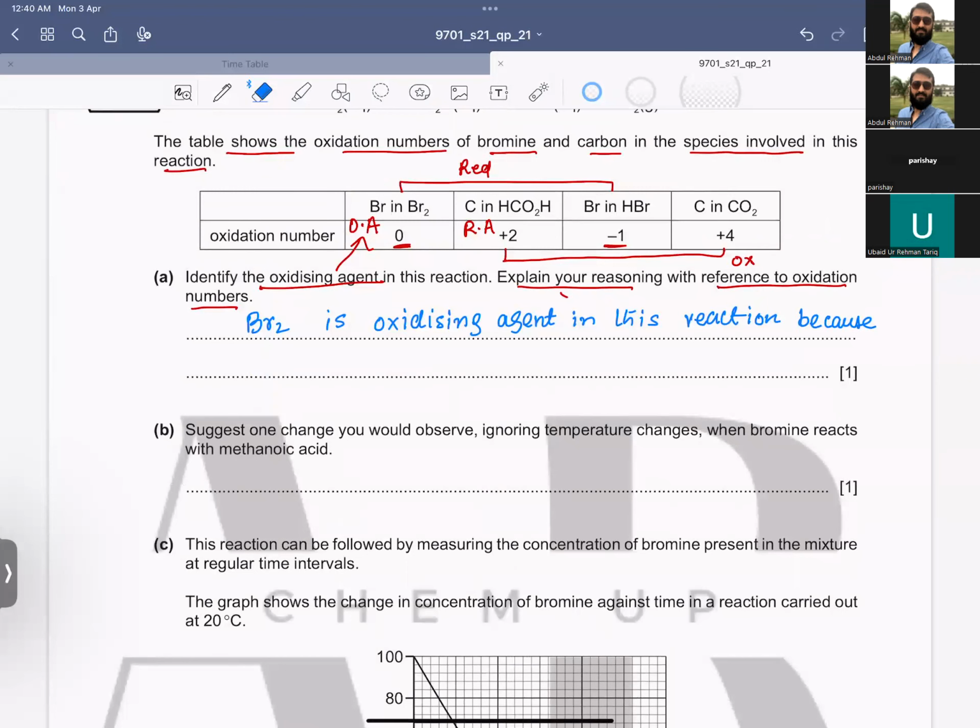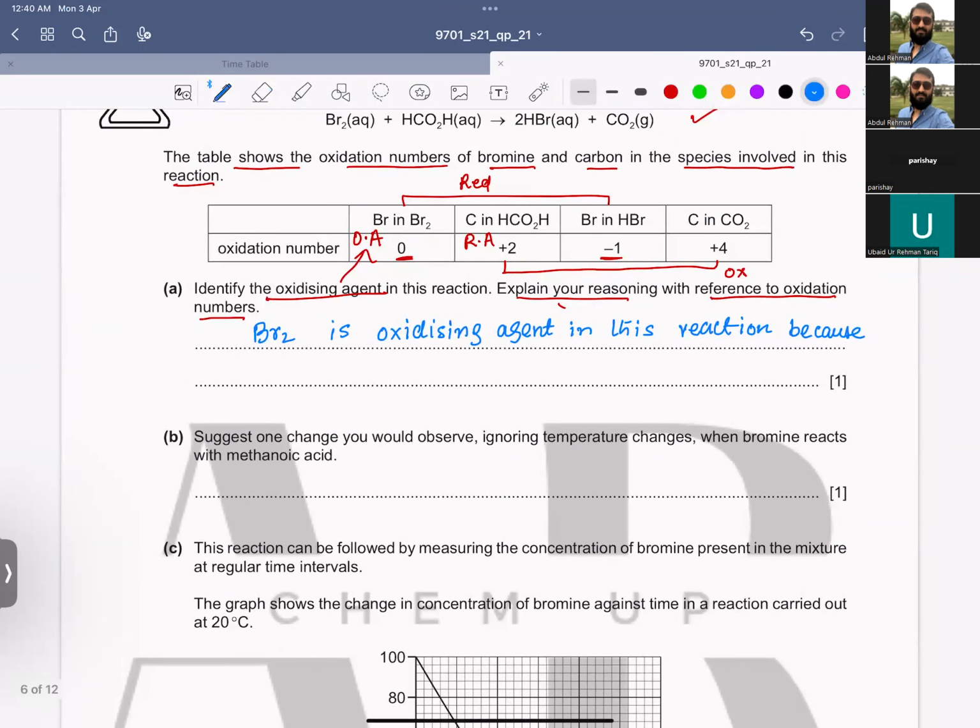So I can write that bromine is an oxidizing agent in this reaction because its oxidation number decreases. Is this clear to everyone? Yes.